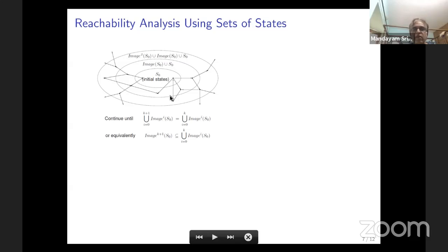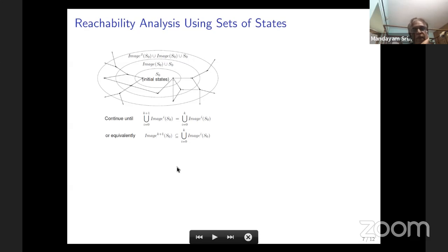And you keep doing that until the image that you compute at a particular step doesn't add anything new, that is, when you take the union, it is the same set of states. Or you can also check if the new image is a subset of the collection of all the previous images.